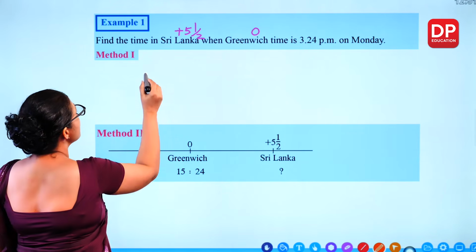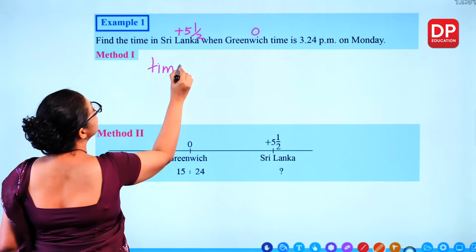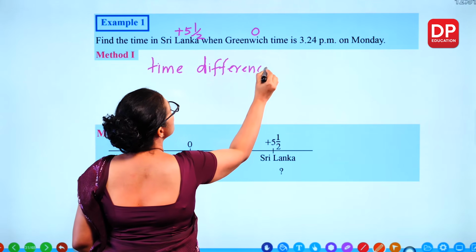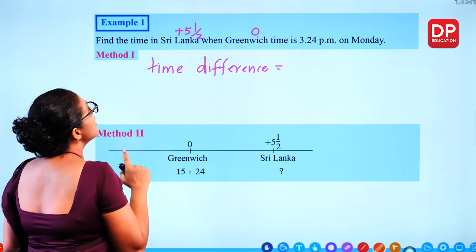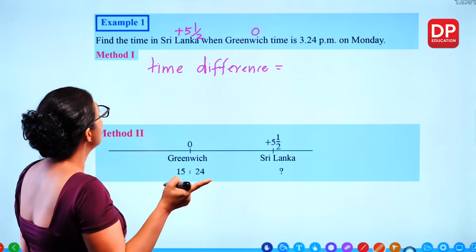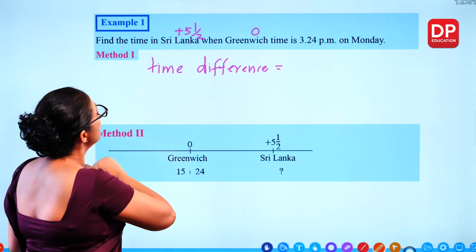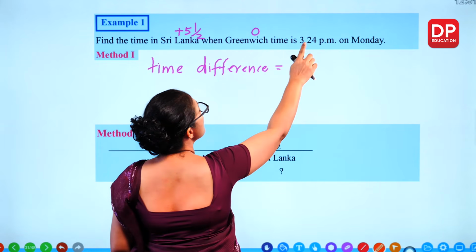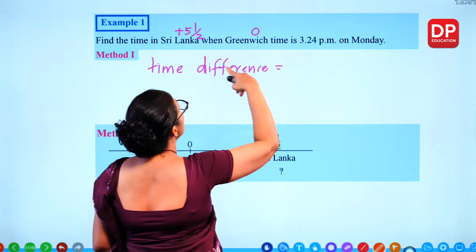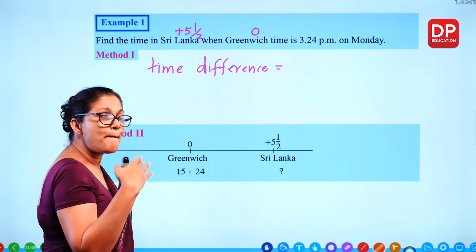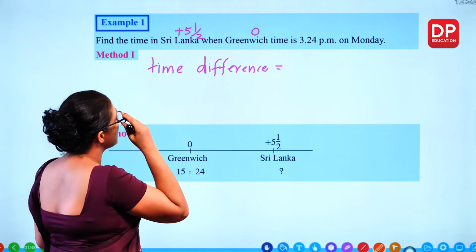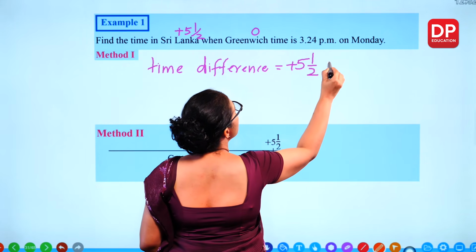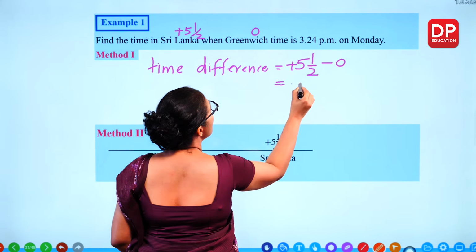So what's the time difference? The time difference is 5.5 less because it is towards the left side. So you can write down this is Greenwich time. So Sri Lankan time should be plus 5.5. So the time difference is 5.5 minus 0, that's plus 5.5.